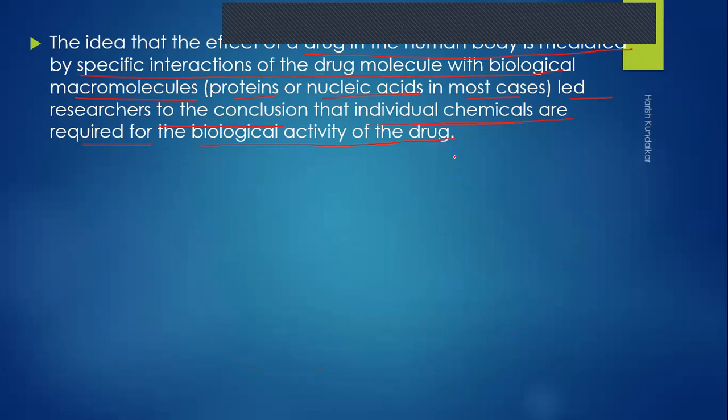So now the researchers started thinking that instead of using crude extracts, we should be using individual chemicals, because it is individual chemicals that are going to go inside the body. They are going to be absorbed, they are going to be bioavailable inside the body, and then they are going to interact with the proteins or the nucleic acids or the enzymes, that is, the biological targets with which they want to interact.